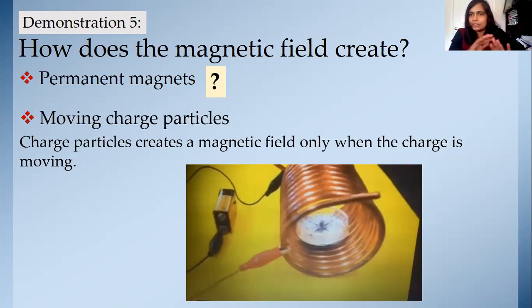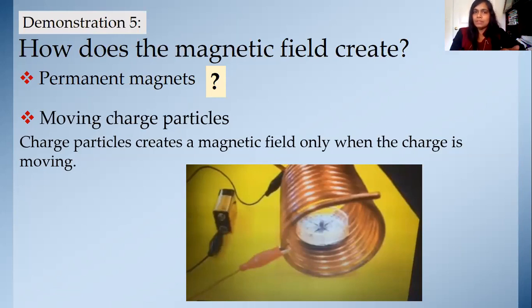Now there's a solenoid and there's no current through it. Are there any electrons in there? There should be, right? Because atoms are there. So the electrons are there, but there's no flow of electrons. So we don't see a magnetic field. But when there are moving charged particles, that means moving electrons, then it creates a magnetic field.